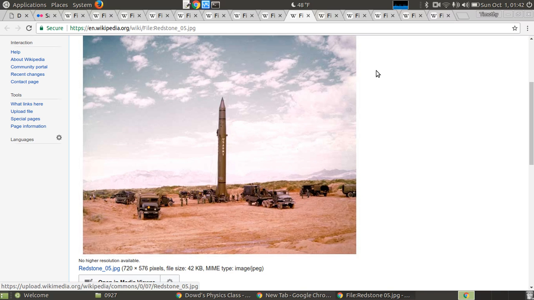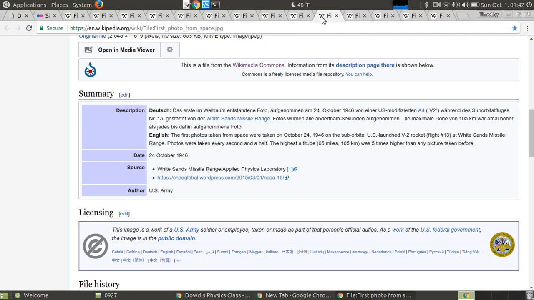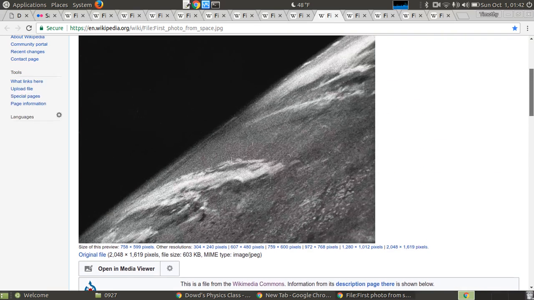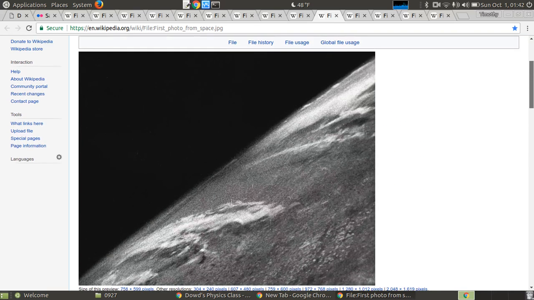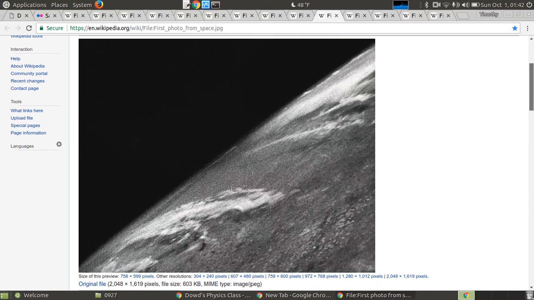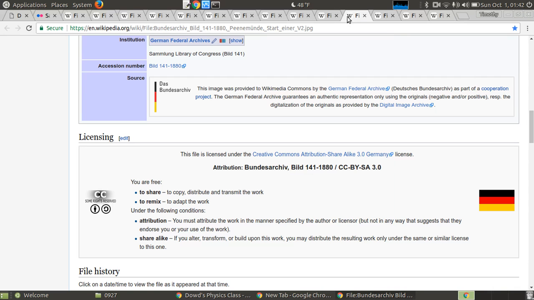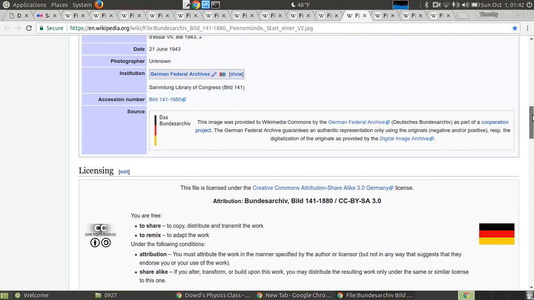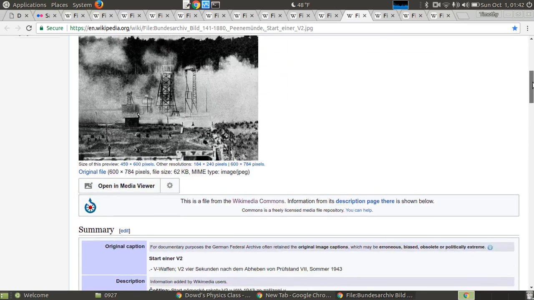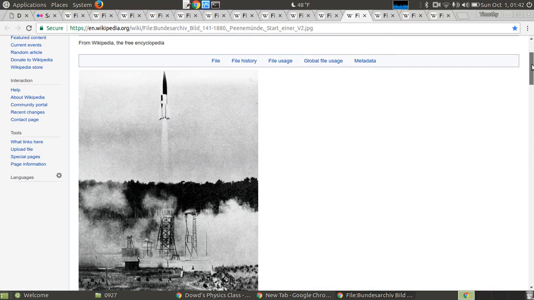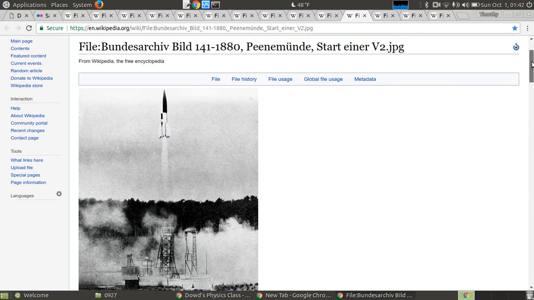It actually goes back to the very beginning of our explorations in space. This was the first ever photo in 1946 taken from space. It was taken from an American V-2 rocket. And the fact that it's an American V-2 rocket is a little bit of a strange thing to say, because the V-2 was a feared Nazi weapon from World War II.